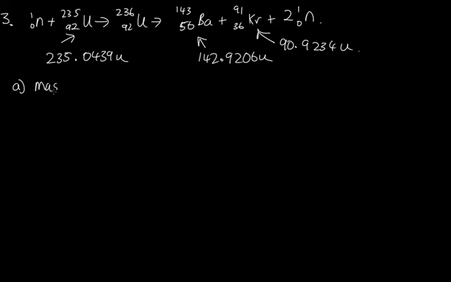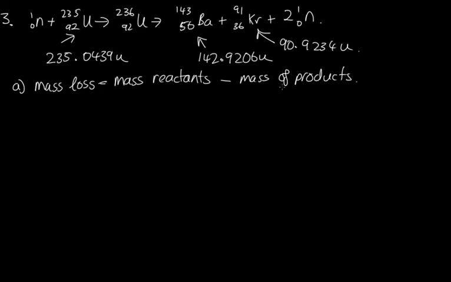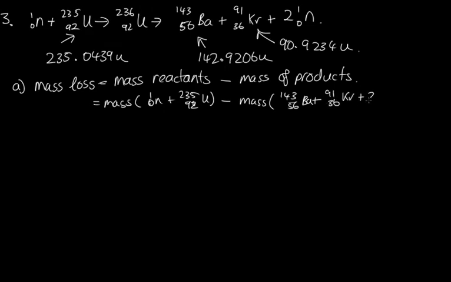So the mass loss is equal to the mass that we start with, so the mass of, let's call them the reactants, minus the mass that we end up with, so the mass of the products. So this is equal to the mass of the neutron plus uranium-235 minus the mass of barium-143 plus krypton-91 plus 2 neutrons.